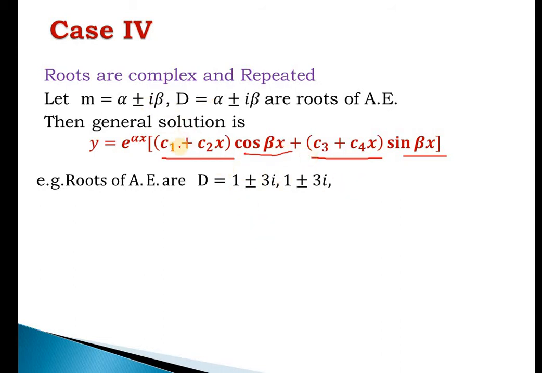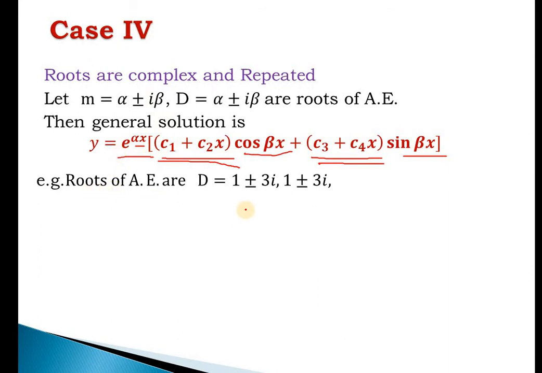So when a root occurs 2 times, its arbitrary constant contains the term C1 plus C2x. So alpha plus i beta occurs 2 times, alpha minus i beta occurs 2 times. So there are 2 terms, C1 plus C2x cos beta x plus C3 plus C4x sin beta x, into e raised to the real part times x, e raised to alpha x.